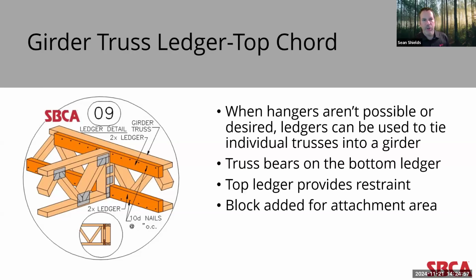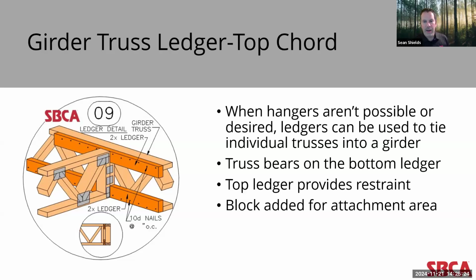In detail 9, we see girder truss ledger for top chord bearing trusses. So if one of the floor trusses is tying into a girder truss, it is typical to use a surface-mounted hanger or a strap hanger, which we'll see a detail for later on. But in some cases, the designer may want or need to tie that truss into the girder using a wood ledger.